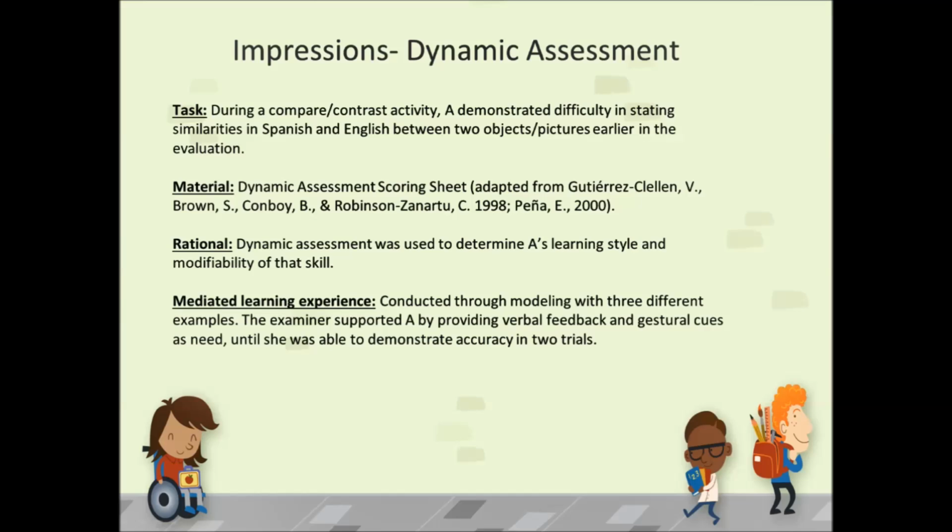And the mediating experience is I modeled comparing and contrasting 3 times, and gave her feedback on how to compare and contrast, and then she was able to do it on her own with 2 trials. Even at the end of the evaluation, I waited and asked again, and she was still able to maintain that, and she did it spontaneously.